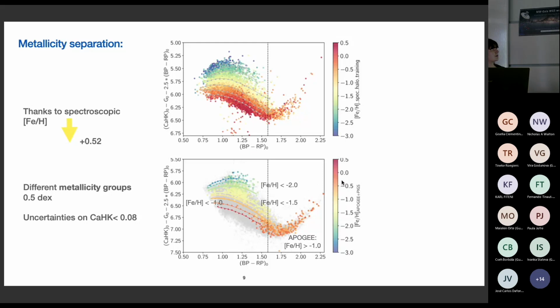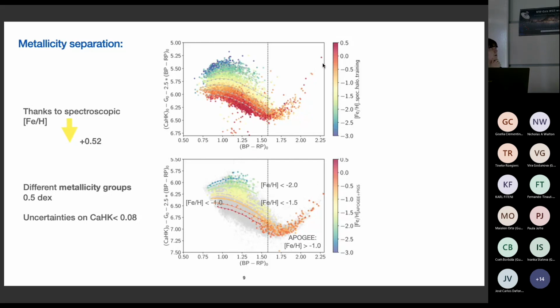As you can see on the right part of the dashed line, the halo training sample shows some problems because the sequences of metal poor and metal rich stars tend to cross each other.